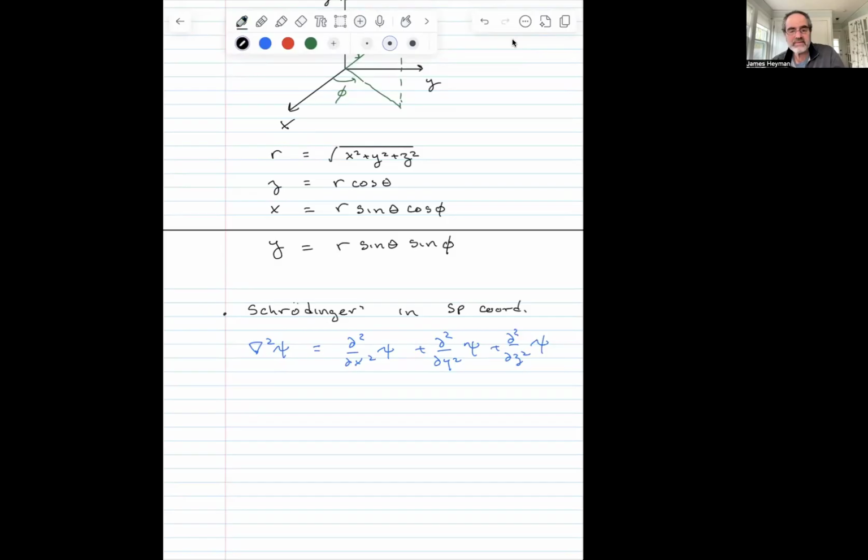Now we're going to write it in spherical polar coordinates. And finding the new form would basically just be going through this equation and substituting the polar coordinates for the Cartesian coordinates using the rules that we just wrote down.